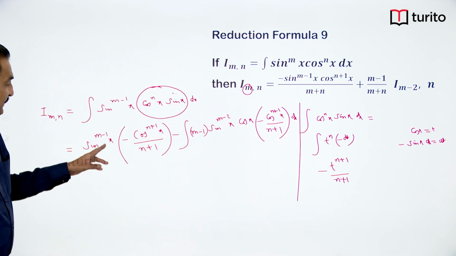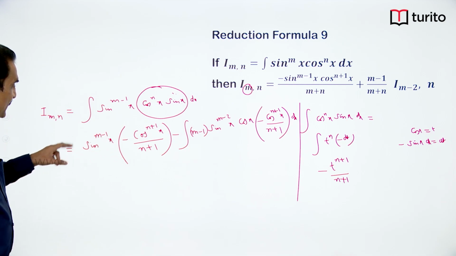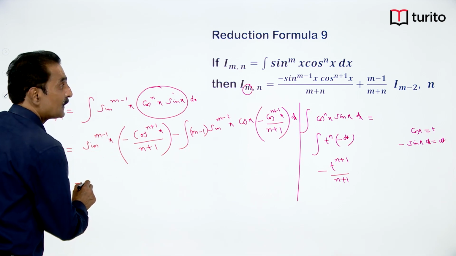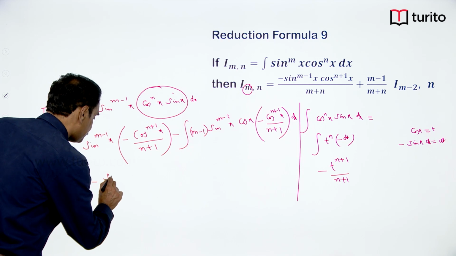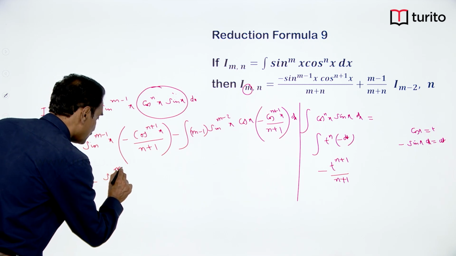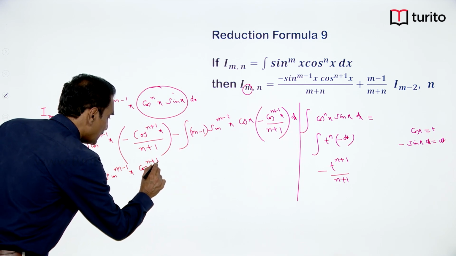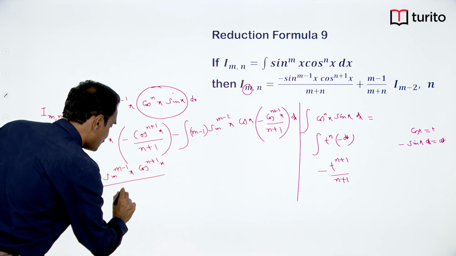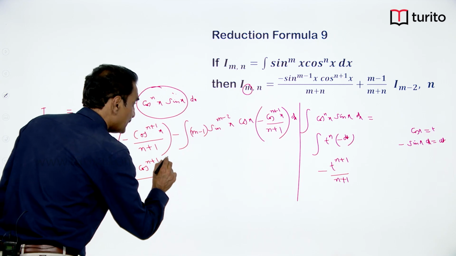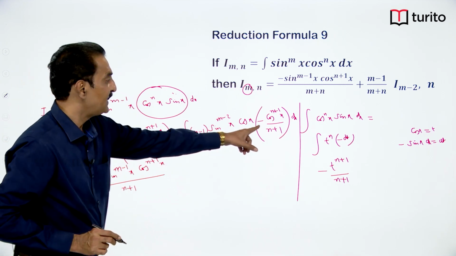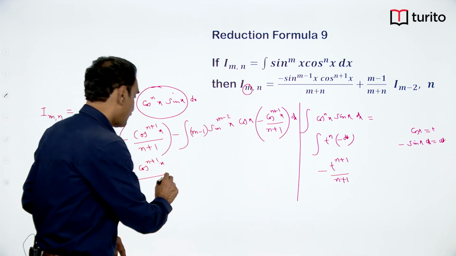Now simplify. Here you can write this minus sign outside, minus sine power m minus 1 x cos power n plus 1 x by n plus 1. Next, minus of minus is plus.